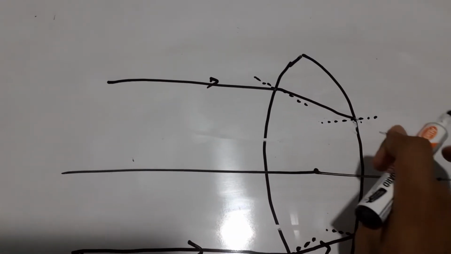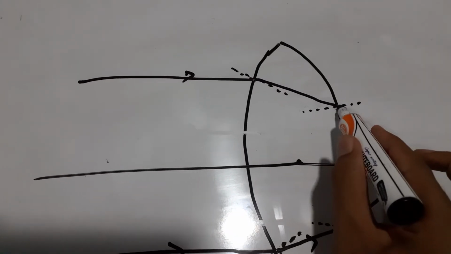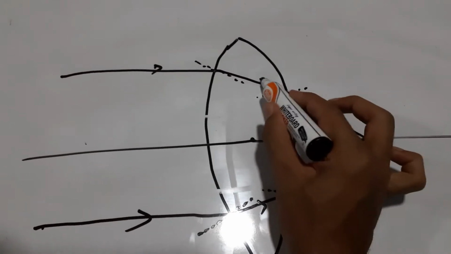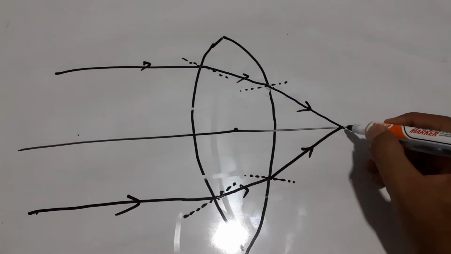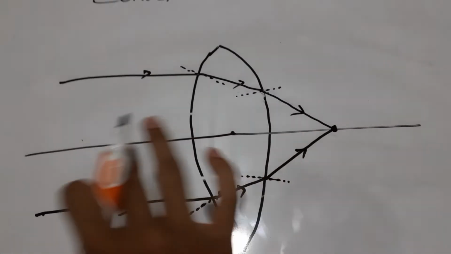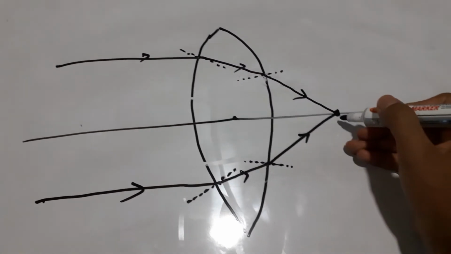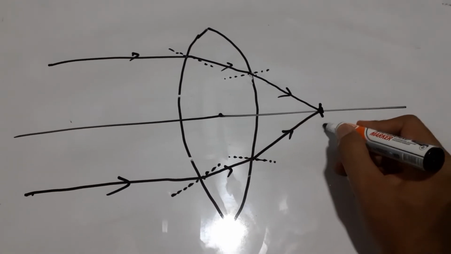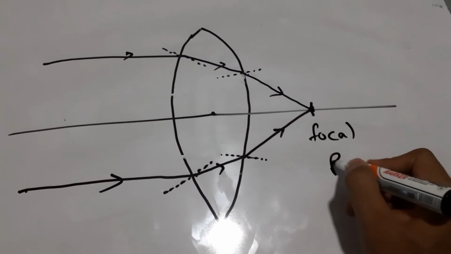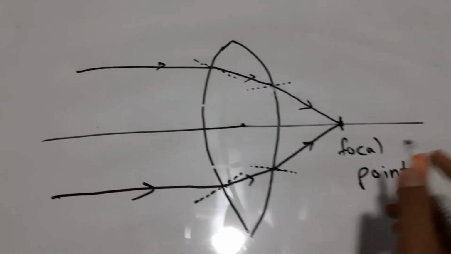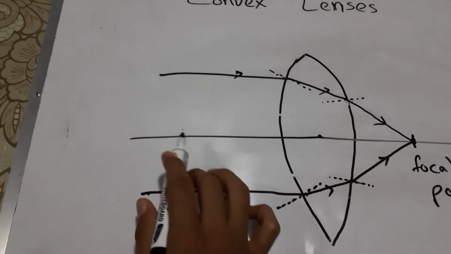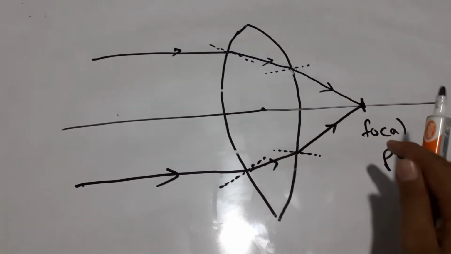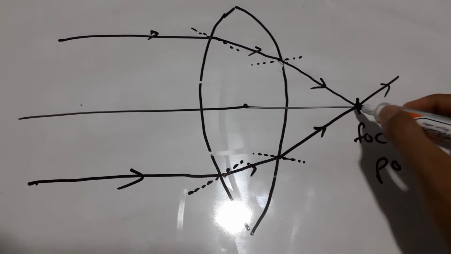There is a particular point on the principal axis through which every such light ray passes after refraction. This point is called the focal point. Any light ray which comes parallel to the principal axis will be refracted and move through this focal point.